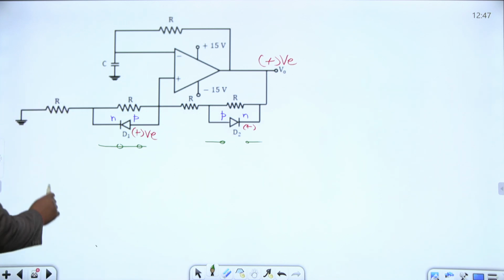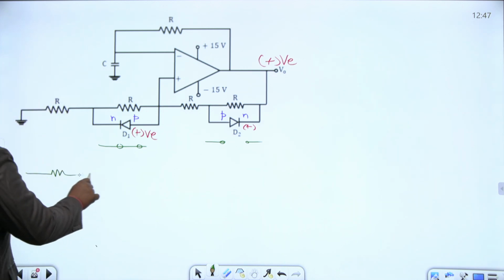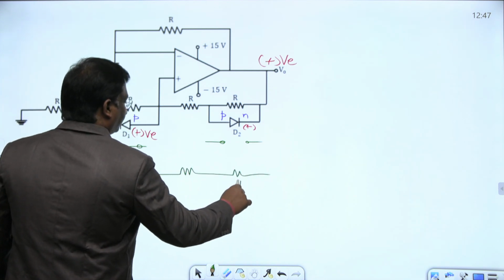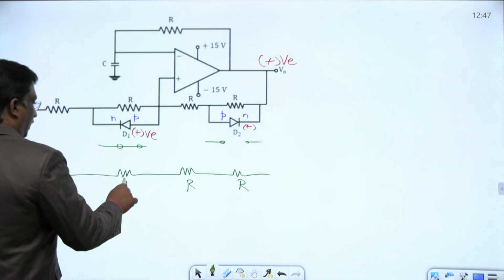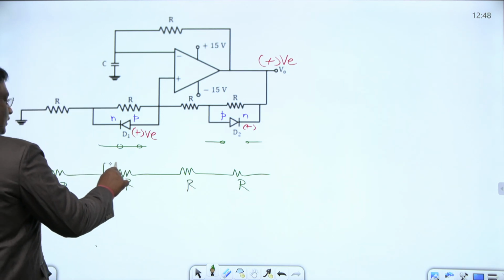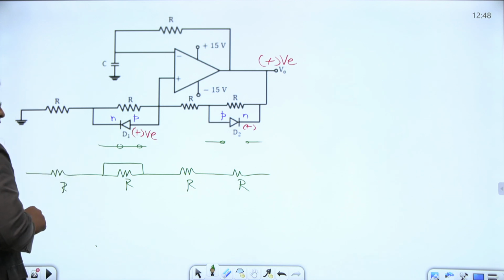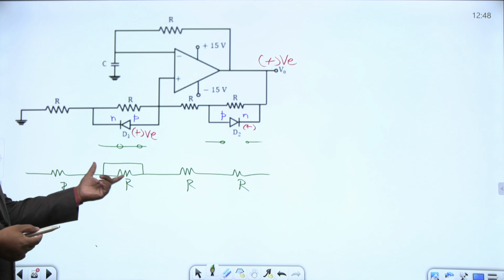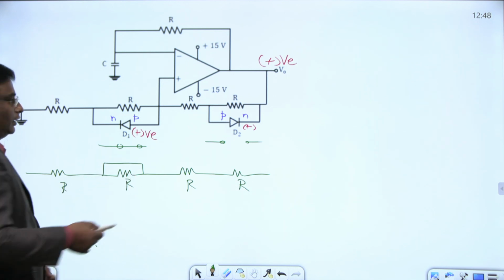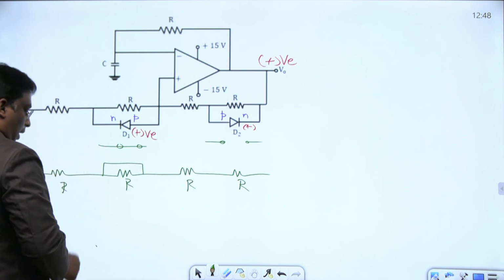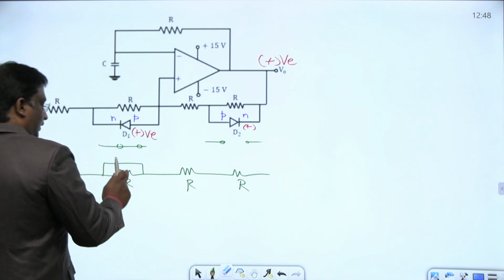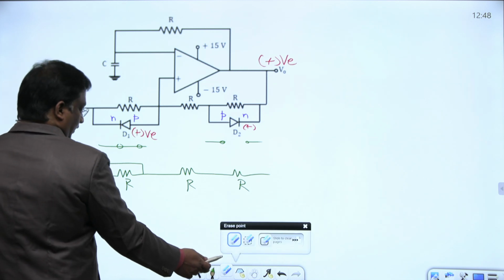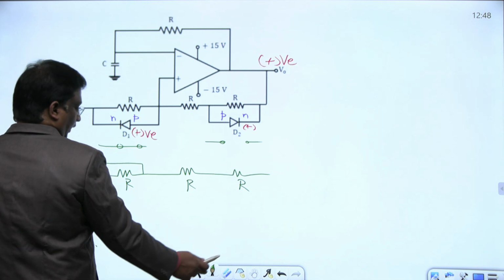If you notice this path right now, this is R, R, R, and this diode is short circuited. Anything parallel to a short is nothing but short itself, so this resistance does not have any significance right now.